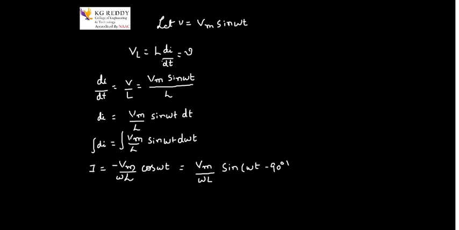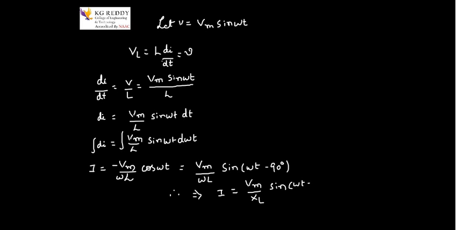Therefore the current I is equal to Vm by omega L, and I am considering omega L as XL, into sin omega t minus 90 degrees.